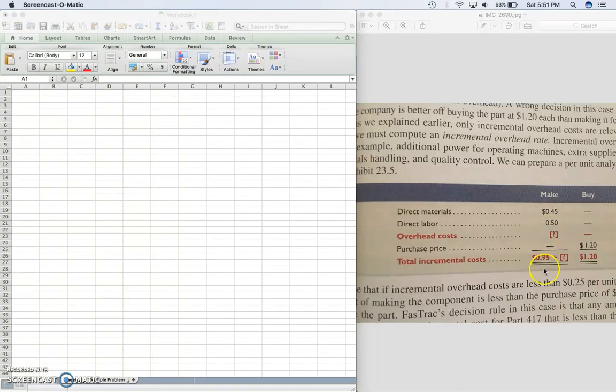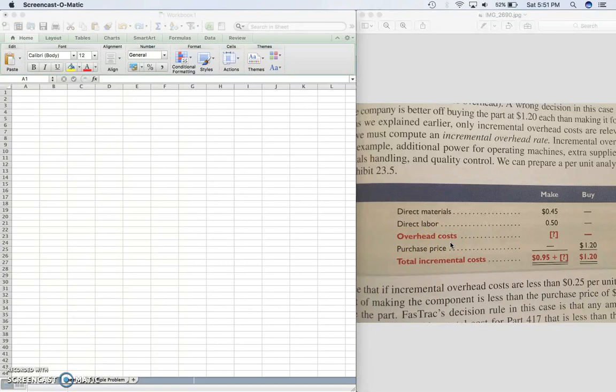The book says the predetermined overhead application rate is 100% of the direct labor cost. So 100% of direct labor, which is 50 cents, would equal the overhead cost, which would also be 50 cents.